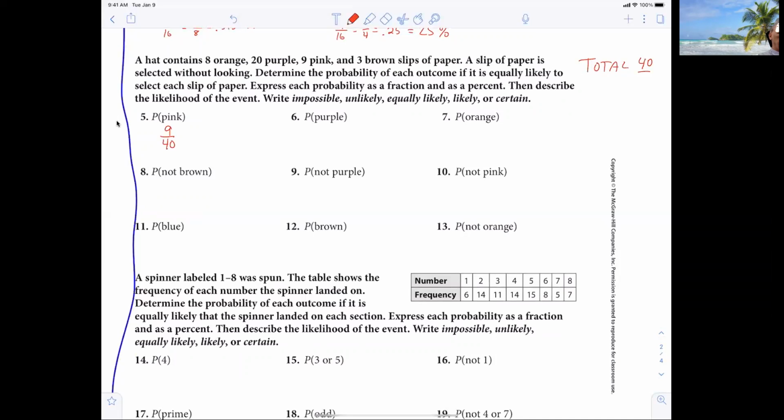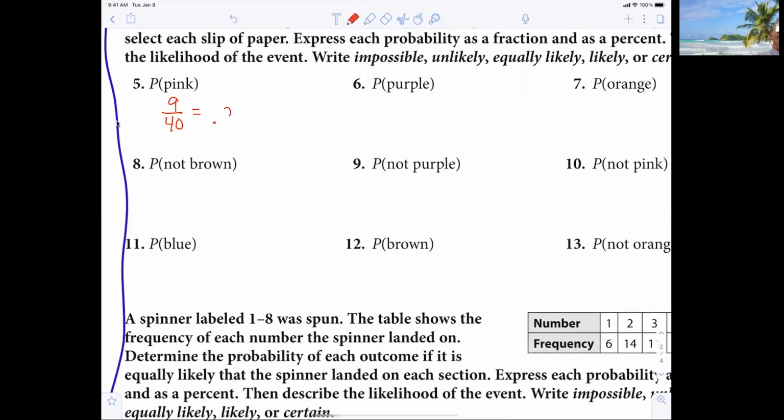Okay, so what decimal is that? You can use your calculator. Come on, chop, chop. Faster, faster. 0.225.